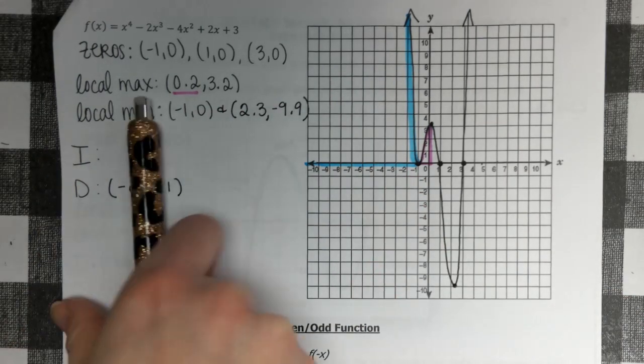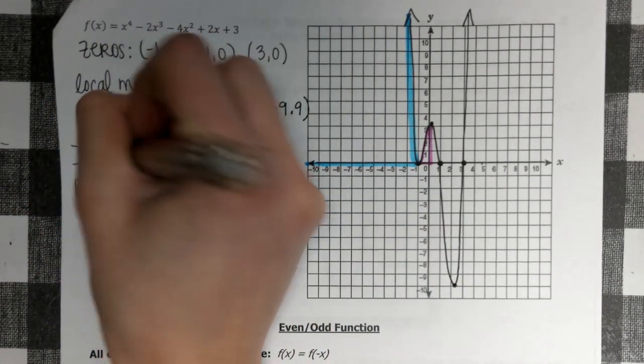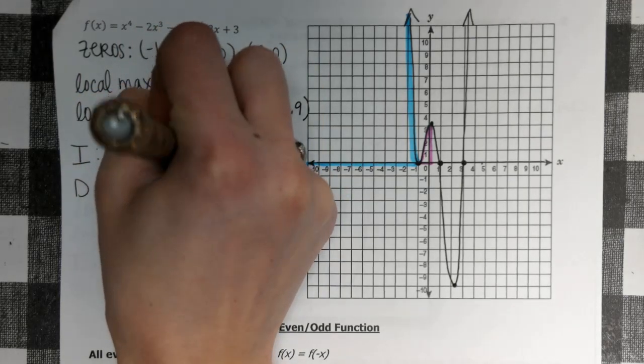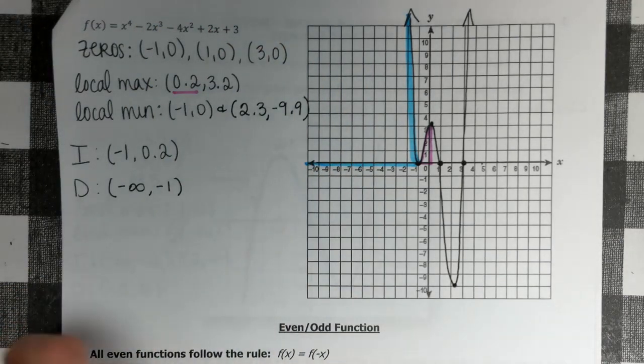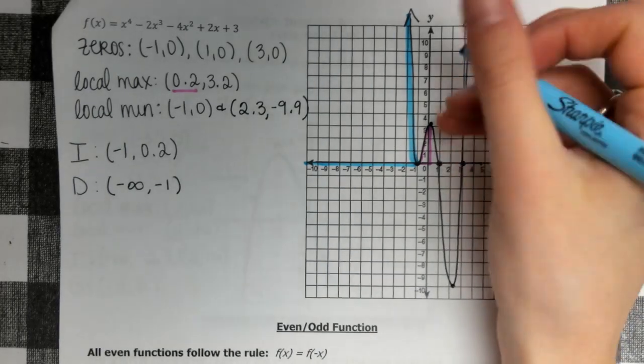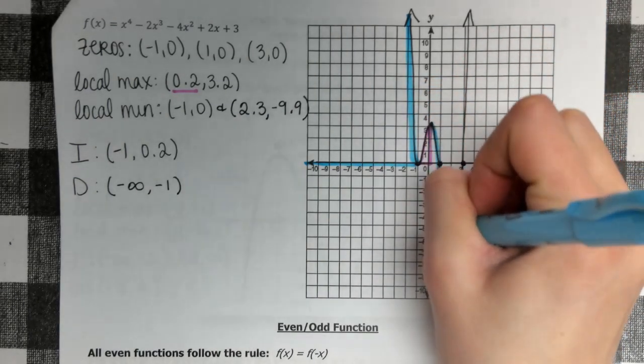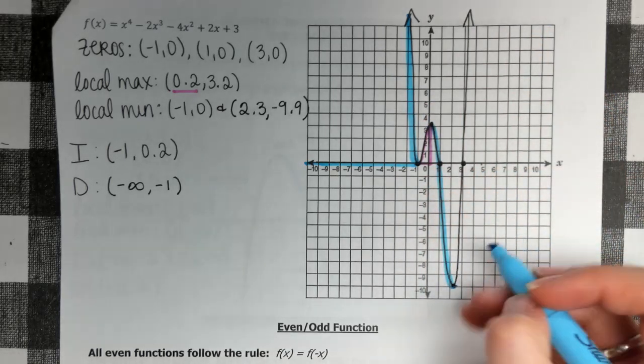So from -1 to 0.2, I'm increasing. Okay. And then I start decreasing again until I hit that minimum.